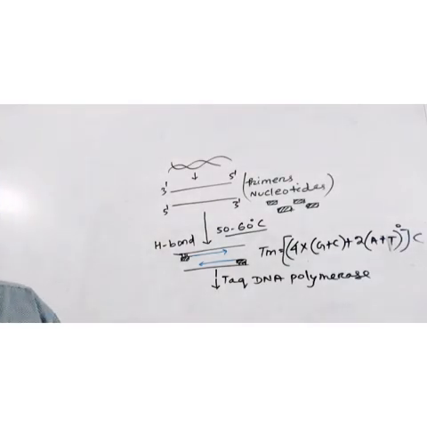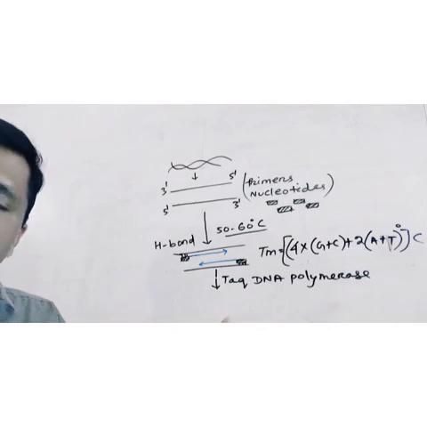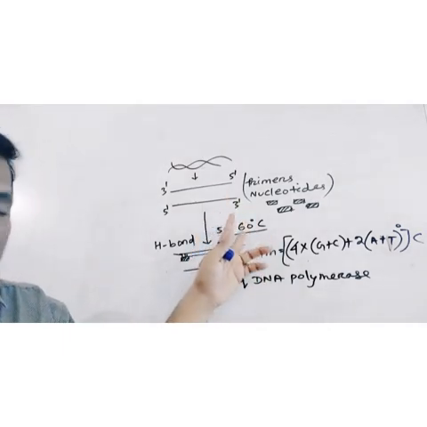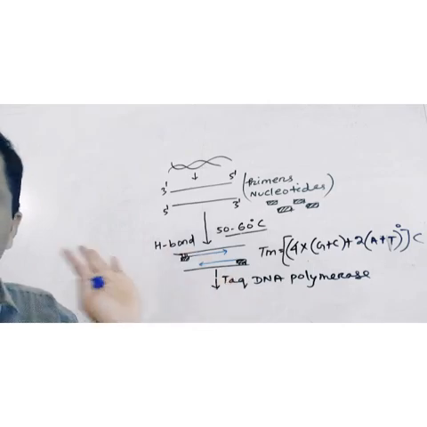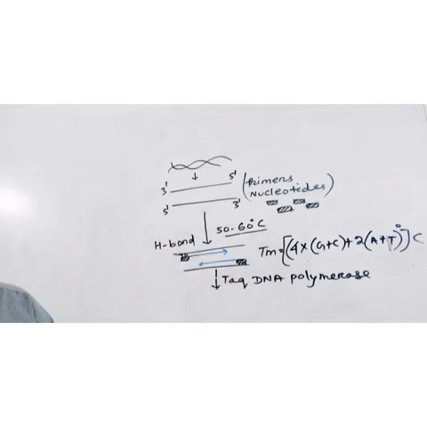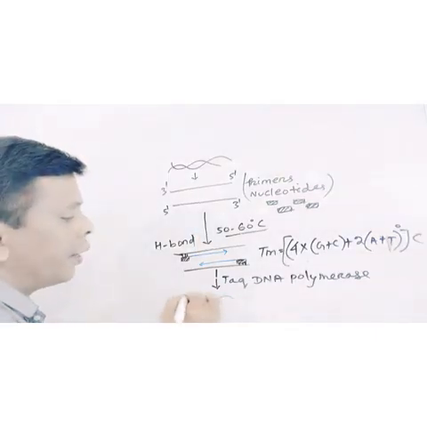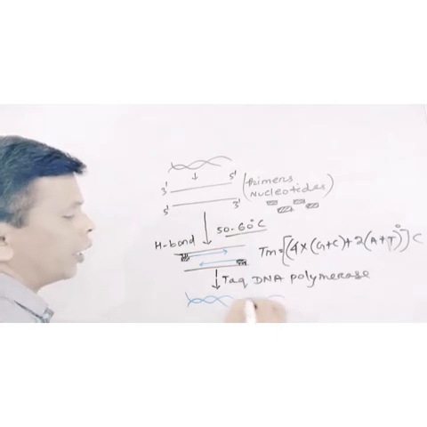After complete elongation, the temperature is maintained, and the primer elongates. After the first cycle, we get 2 DNA.